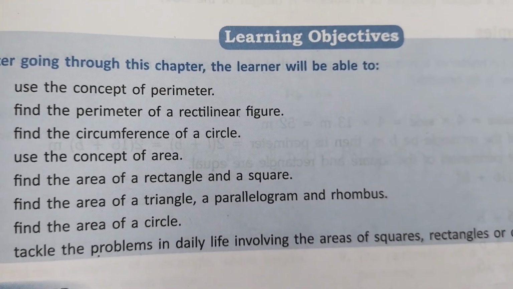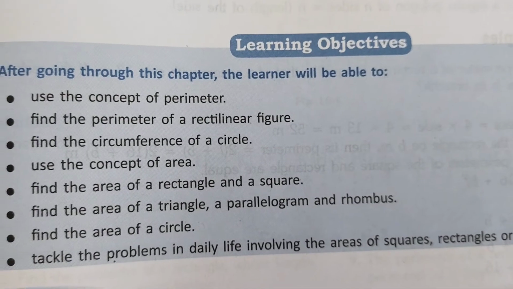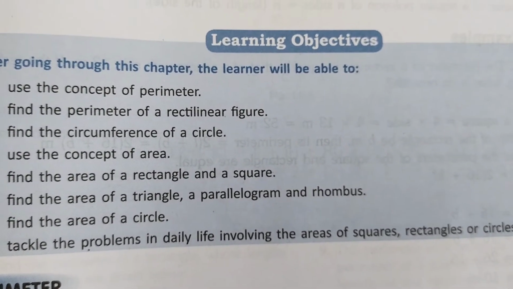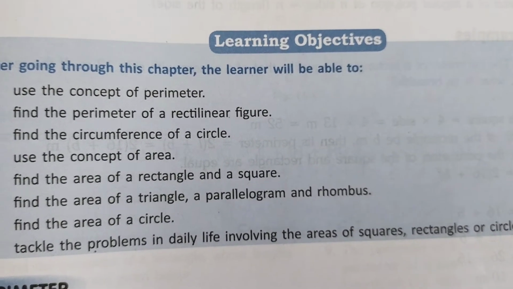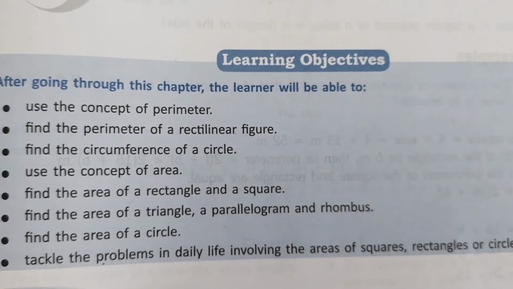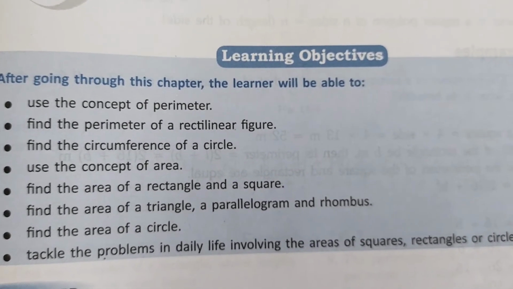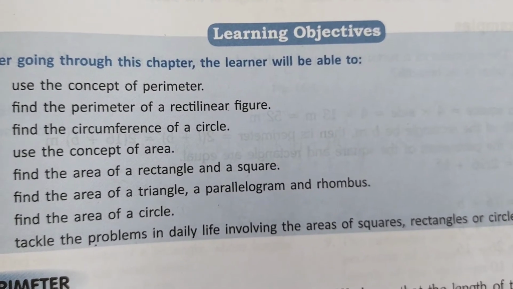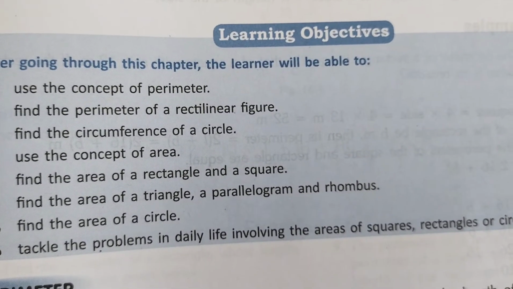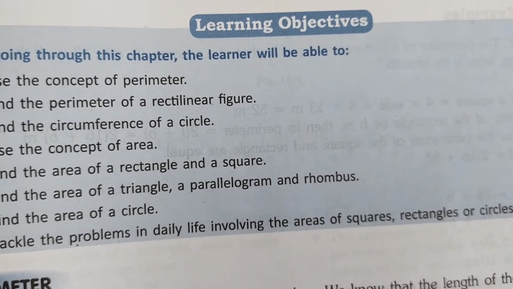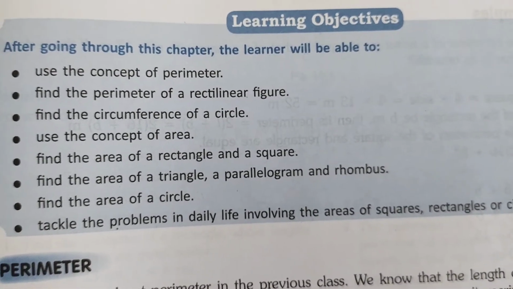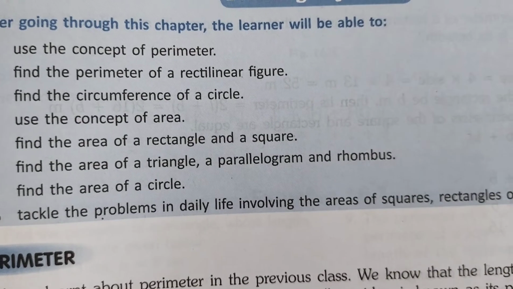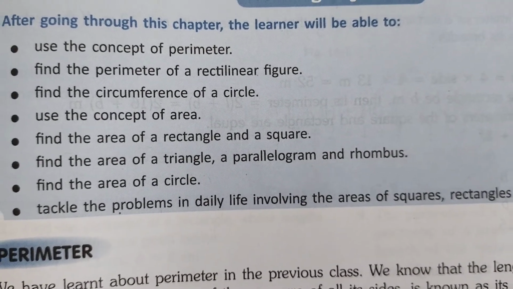Find the area of a rectangle and square, the area of a triangle, parallelogram and rhombus, and the area of a circle, and tackle problems in daily life involving the area of a square, rectangle or circle. Rhombus we mostly may not be discussing; we will be discussing up to parallelogram.